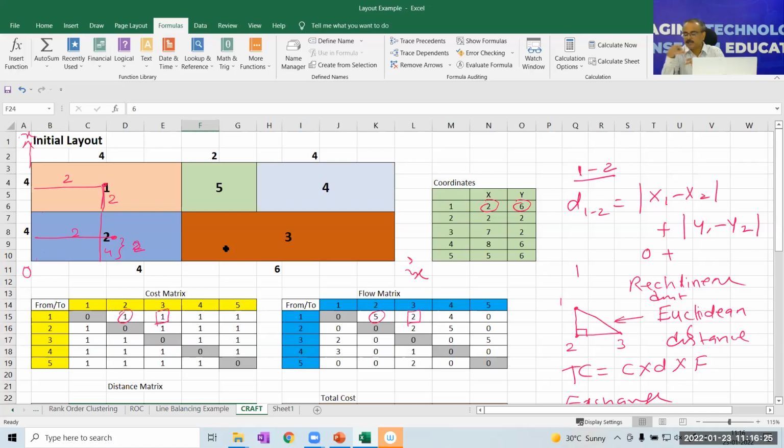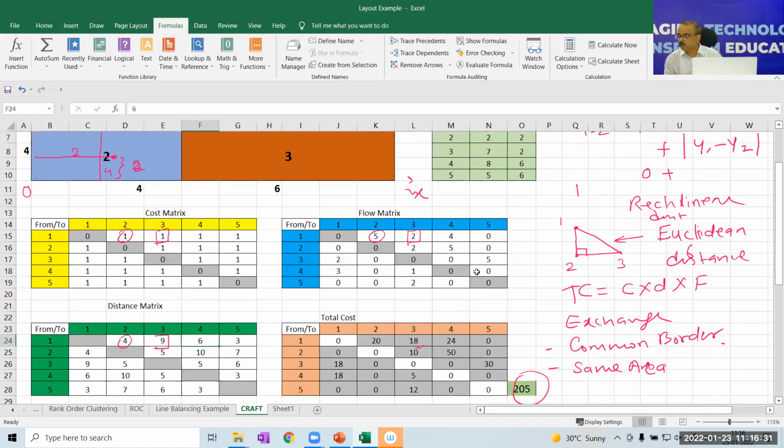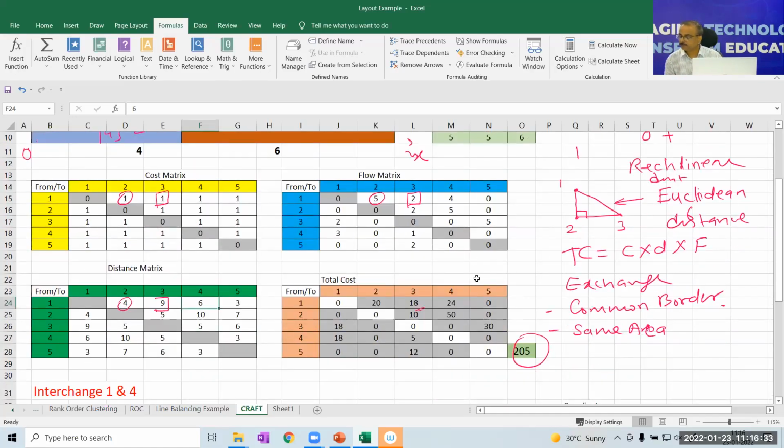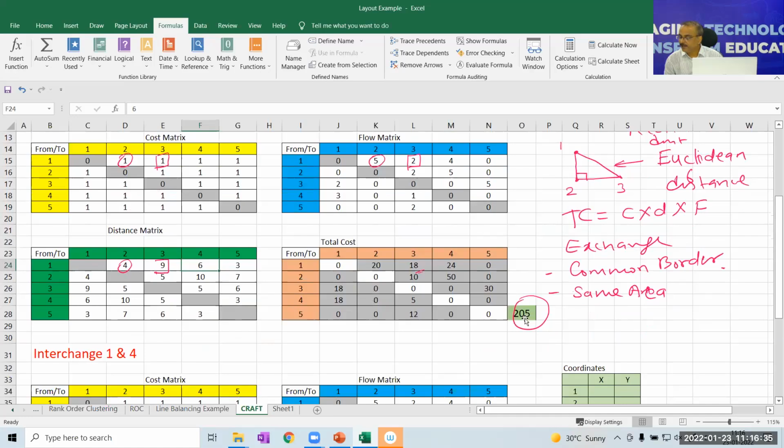As a part of this algorithm, we have to evaluate the total cost for each exchange. Based on which exchange results in a lower total cost, you create that exchange, and in that way you improve the layout.